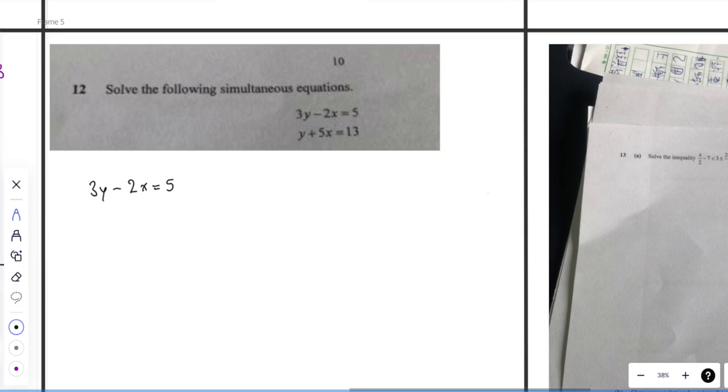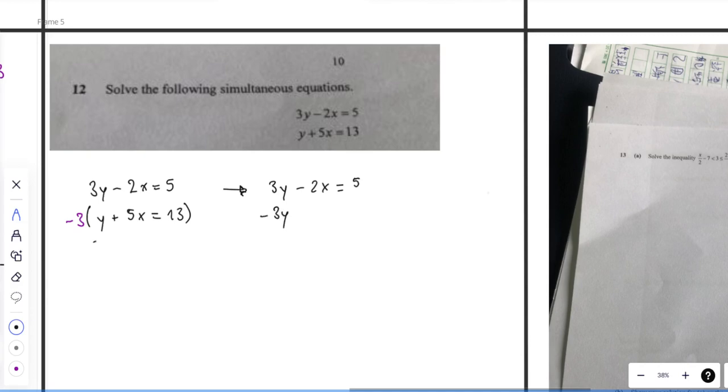So watch this. -3 multiplied by y plus 5x equals 13. What that's going to give me, let's do it like this. It's going to be 3y minus 2x equals 5.